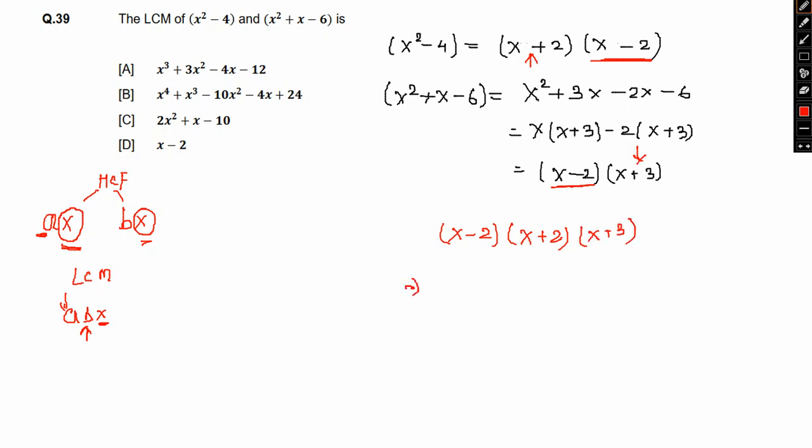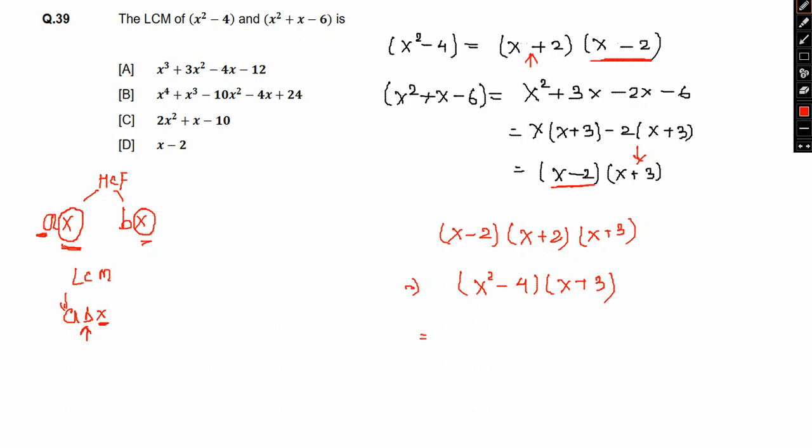So the LCM is (x minus 2)(x plus 2)(x plus 3). Okay, a plus b, a minus b, so we can write this as a square minus b square, that is (x square minus 4)(x plus 3).